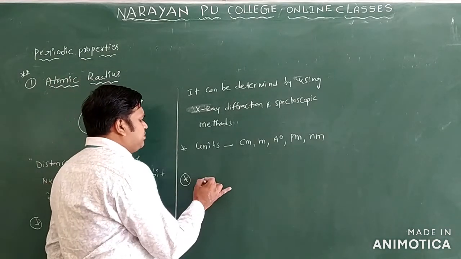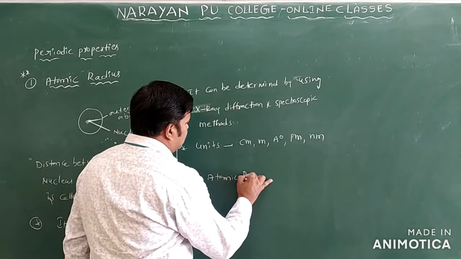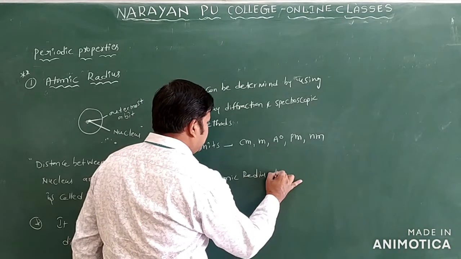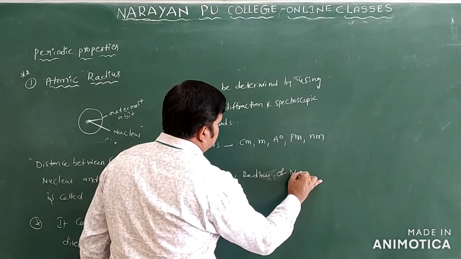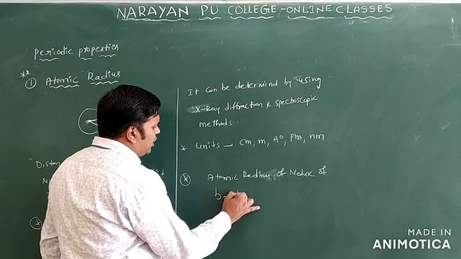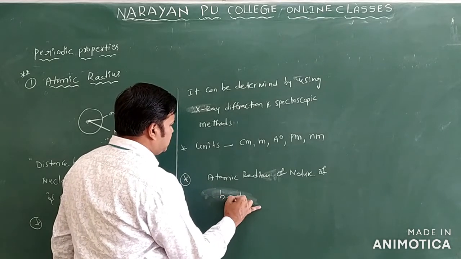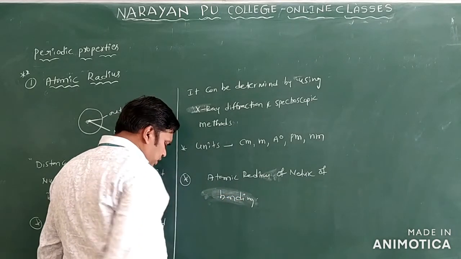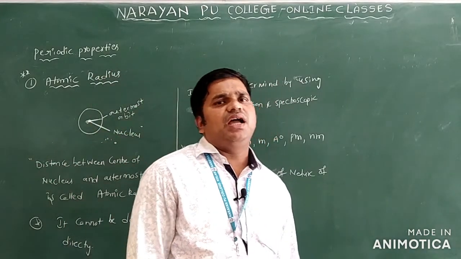Atomic radius mainly depends on the nature of bonding. Based on the nature of bonding, we have different types of atomic radius.